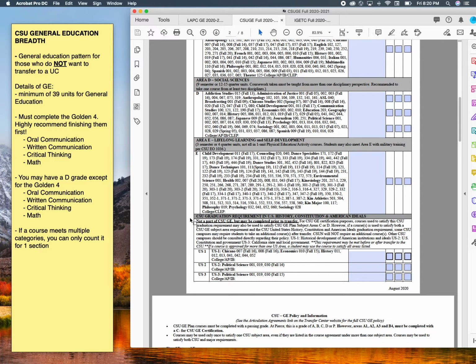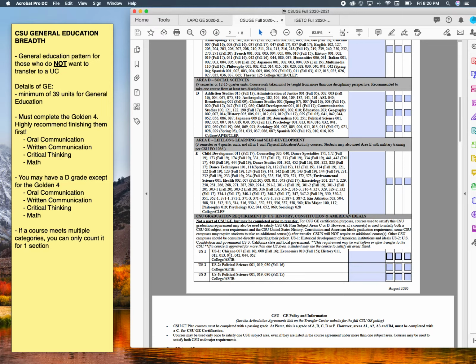This is just a graduation requirement that all the Cal States have. They require you to have one class in US history, one class in US government, and one class in California government. However, if you take it here at Pierce, our political science class covers US government and California government, so one class will meet both categories. I just wanted to share that with you.